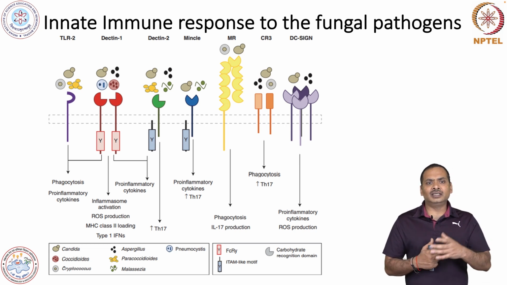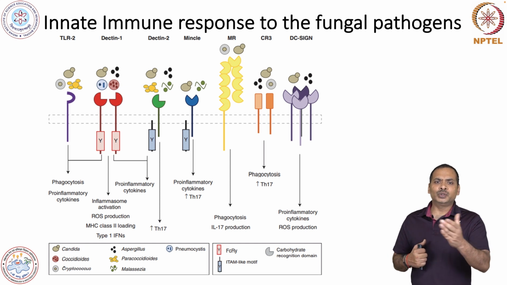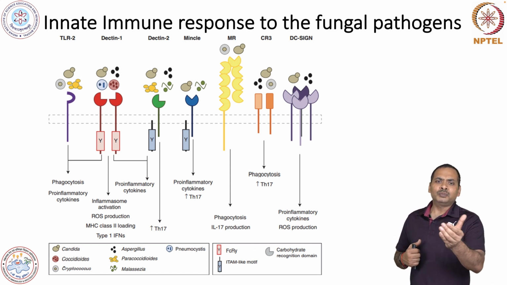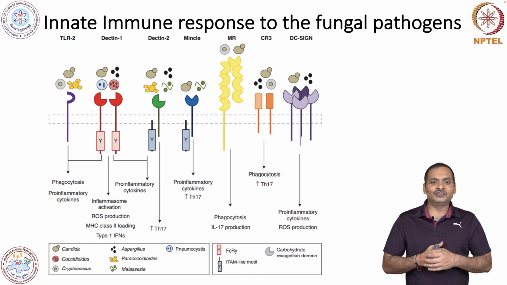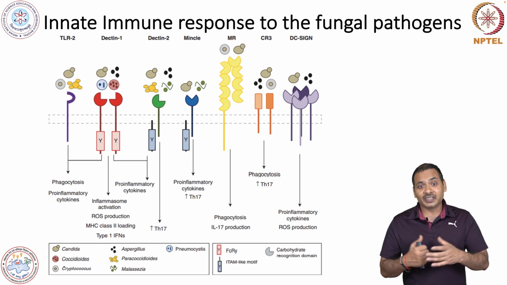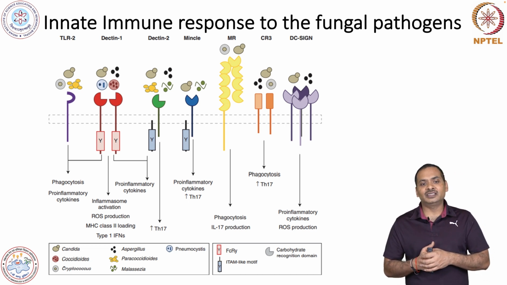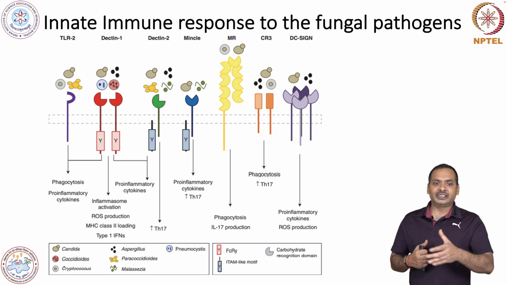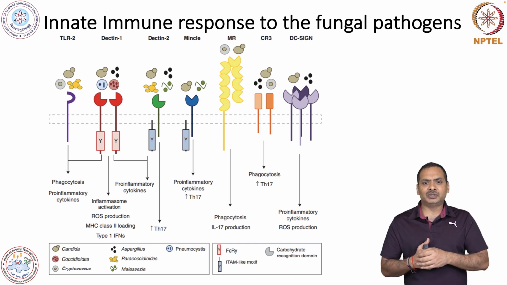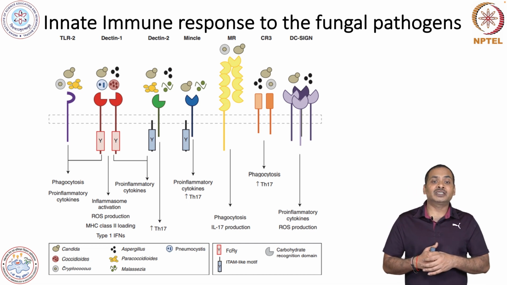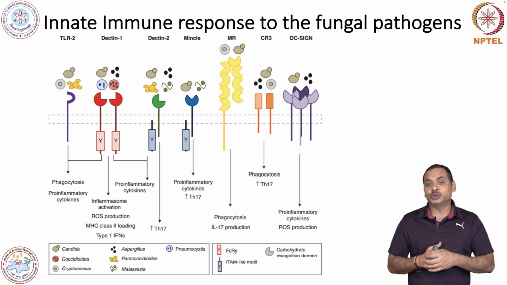There are other receptors: Dectin-2, Mincle, mannose receptor, complement receptor 3, and DC-SIGN. If you see carefully, upon sensing various fungi, they can induce pro-inflammatory cytokines, and Dectin-2, Mincle, the mannose receptor and complement receptor can induce activation of the Th17 immune response.